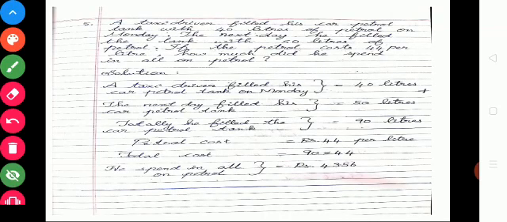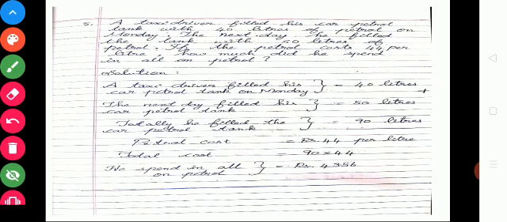Okay, children. And the next one, a word problem. Read carefully. A taxi driver filled his car petrol tank with 40 liters of petrol on Monday. The next day, he filled the tank with 50 liters of petrol. If the petrol cost 44 per liter, how much did he spend in all on petrol?